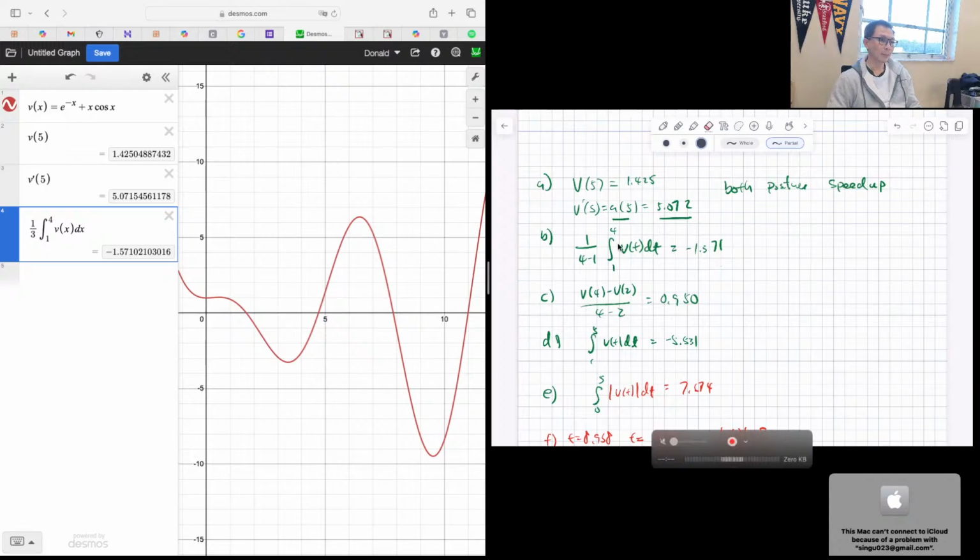Yes. Because you think about it, if I integrate this, I'm going to get s of t, right? It's going to be s of 4 minus s of 1 all over 4 minus 1. Same thing. So if you ever say average of something, you're going to take integration and divide it by the amount.